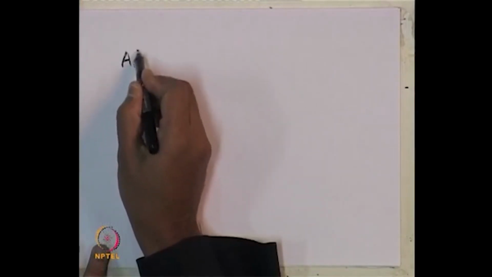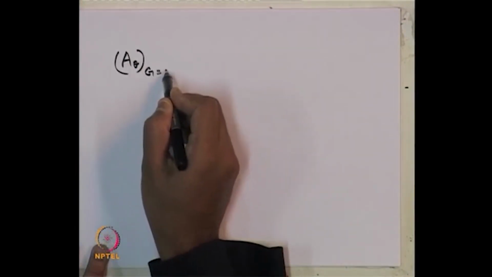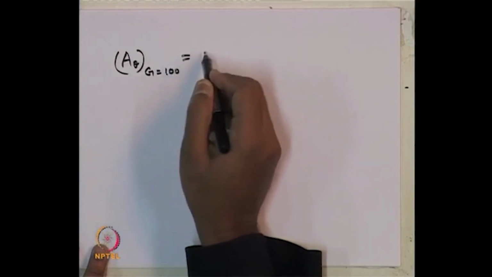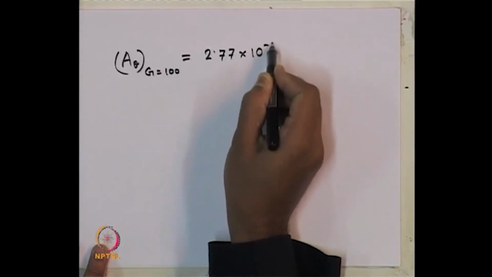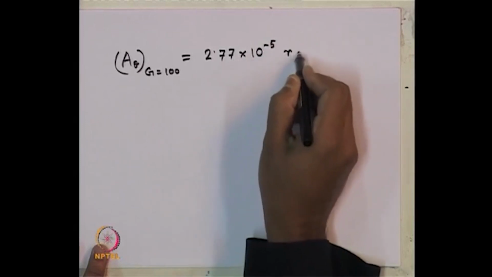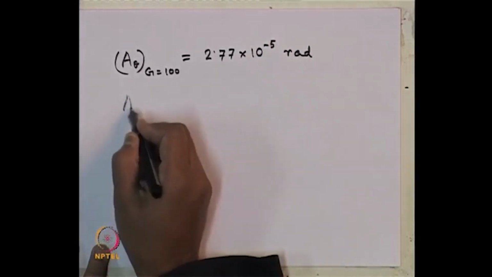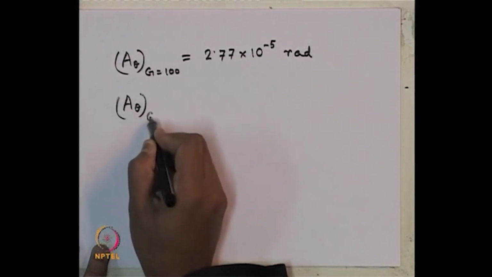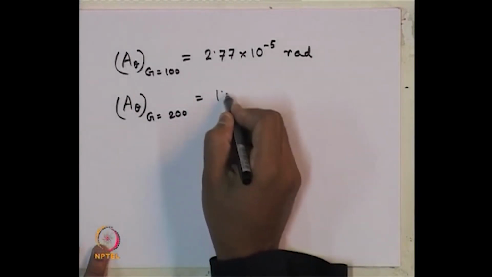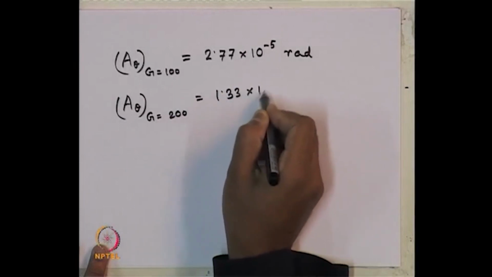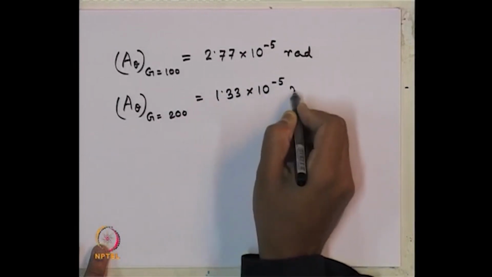A theta for G equals 100. If we put the values and calculate, we are getting 2.77 into 10 to the power minus 5 radian, and A theta for G equals 200, we are getting 1.33 into 10 to the power minus 5 radian.